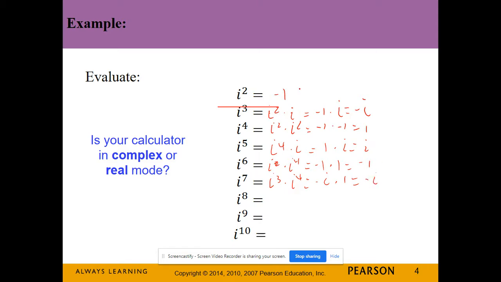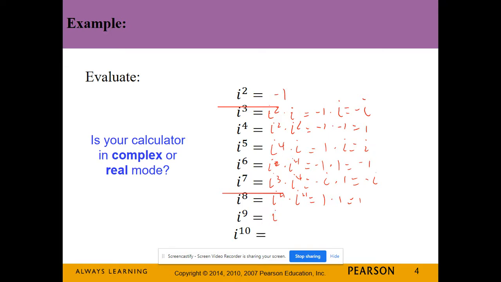Notice the pattern here. It goes -1, -i, 1, i, then back to -1, -i. What's going to happen here? i to the eighth is i to the fourth times i to the fourth. Well, i to the fourth is just 1, so 1 times 1 is just 1. Notice how the pattern keeps holding. So then i to the ninth is just going to be equal to i.